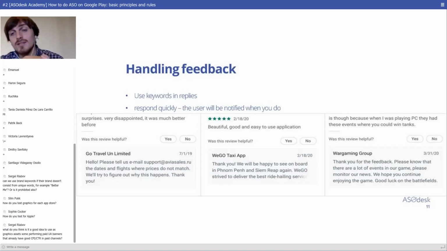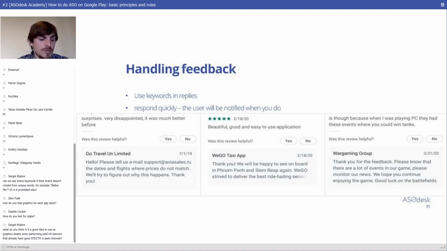This doesn't mean that the keywords in the answers to the reviews are super important for Google Play. This is rather secondary text metadata for the Google Play search algorithm.